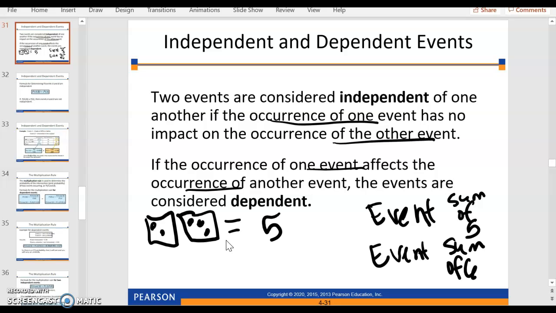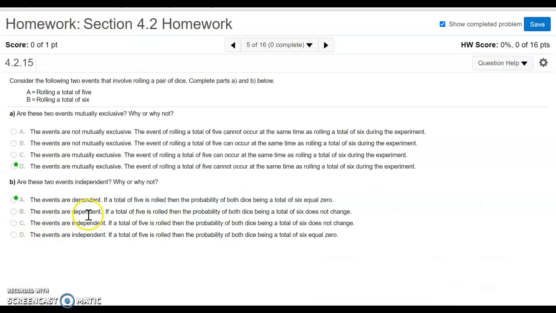Okay, so if you roll a sum of 5, then the probability that you rolled a sum of 6 is 0. So this probability will depend on the other, so they're dependent. And the way it says it is, if the total of 5 is rolled, then the probability of both dice being a total of 6 equals 0.